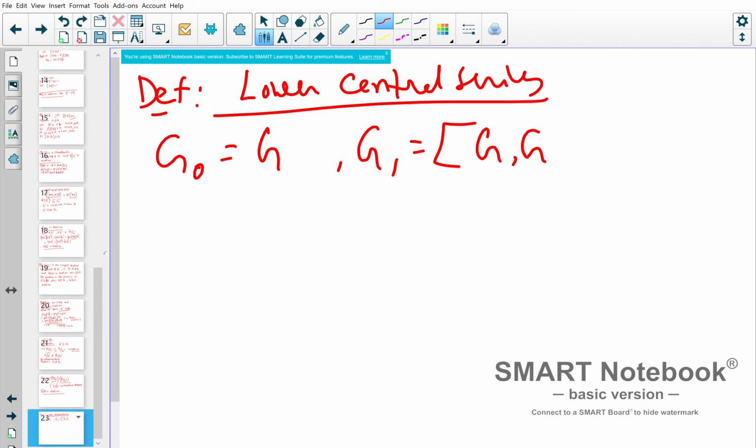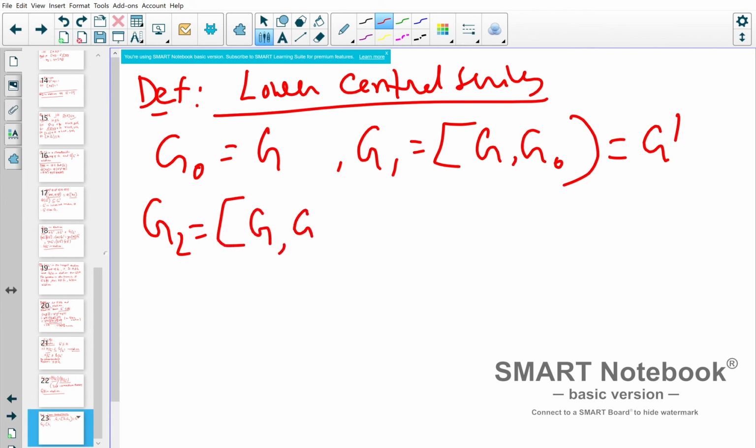So G1 is actually G dash. Similarly G2 you define by the commutator of G with G1 and so on. So in particular, G(i+1) you define by the commutator of G and Gi.